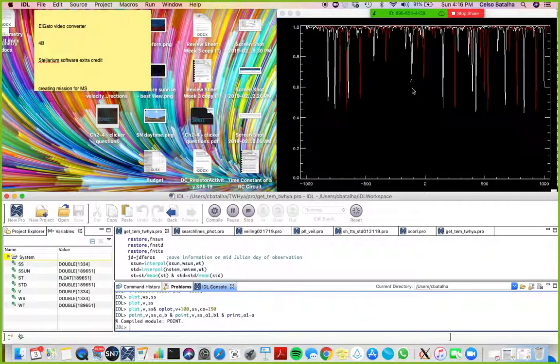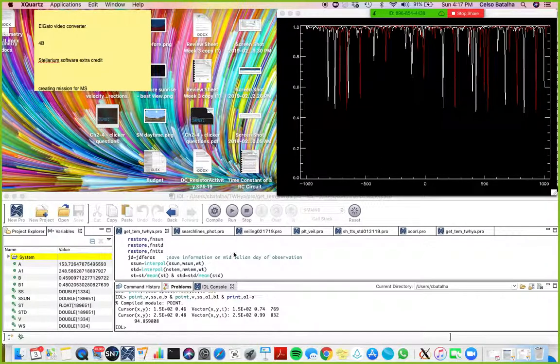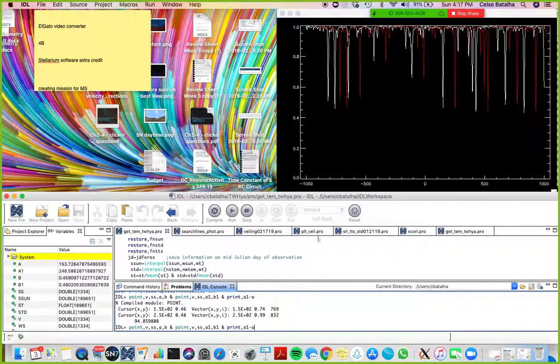There you go. So let's say I'm going to take this point over here and this point over here. So it's 95 kilometers per second. So I have some error there. If I do it again, let's say between this and that one.